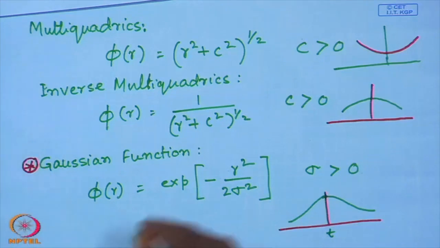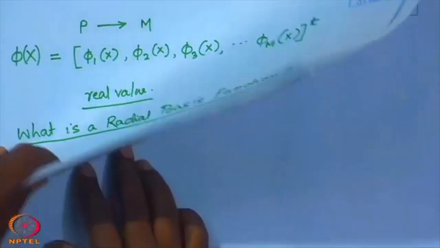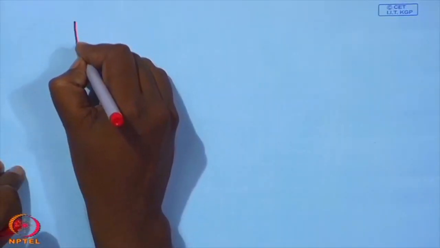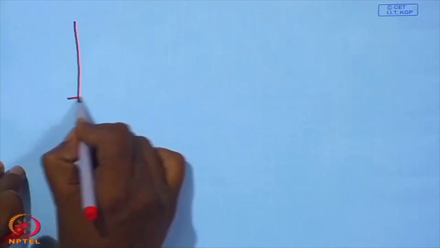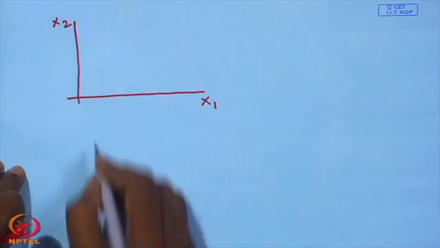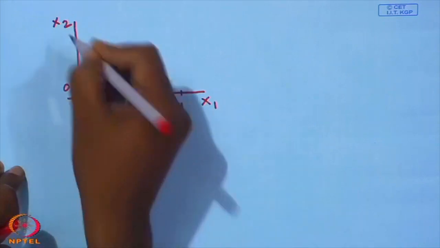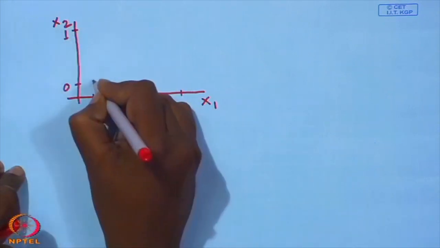Now, let us see how, by using this radial basis function neural network, we can convert a linearly non-separable problem to a linearly separable problem, even keeping the dimensionality of the feature vector the same. For doing that, I will use the same XOR problem. So, I have x 1, x 2, here I have 0, here I have 1, again 0, here it is 1, I have 0 over here.